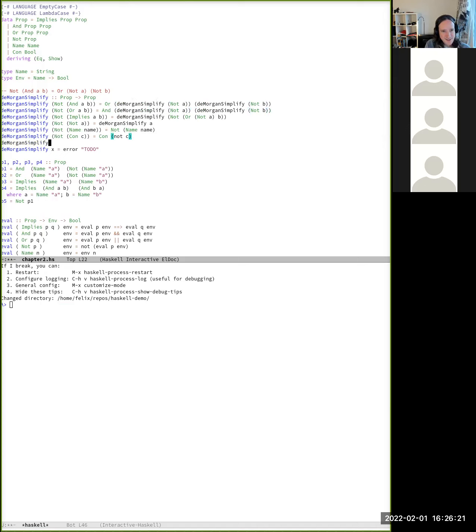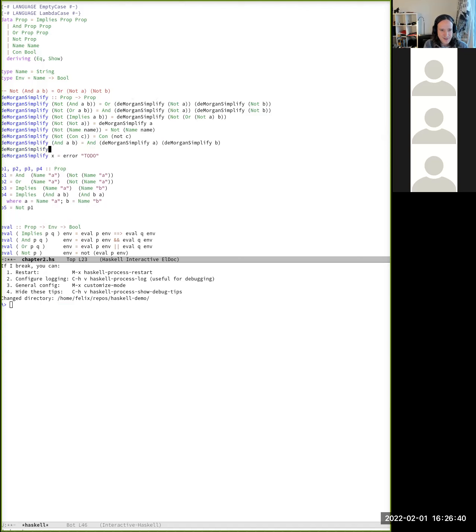Yes, let's do that. So I guess you mean the following. And A B could be AND deMorgan simplify A, deMorgan simplify B. We don't want to simplify just some AND or OR, but there might be still something in A and B that we can simplify. So yes, that's certainly good.